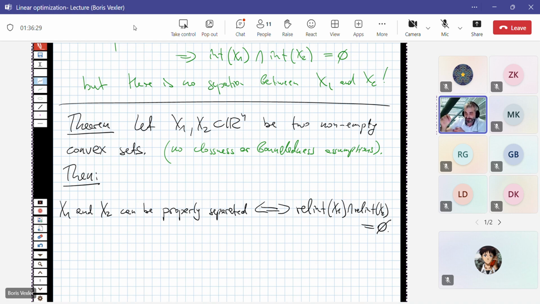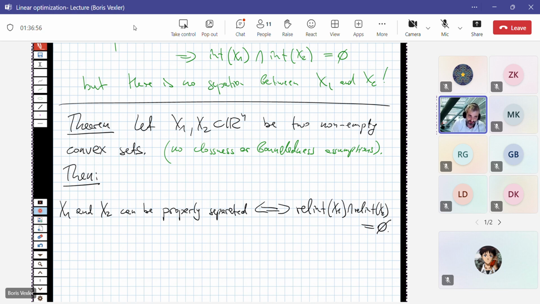It means, first of all, that this is a good condition. We do not require that x1 intersected with x2 is empty, but just the right thing, that the relative interior of x1 intersected with the relative interior of x2 is empty. With this, we get a little bit more than just separation: we get proper separation.